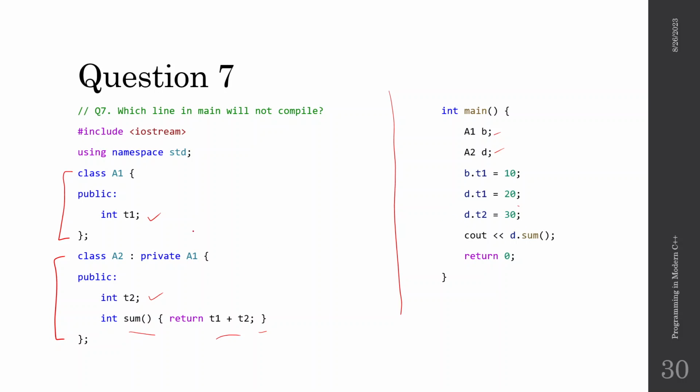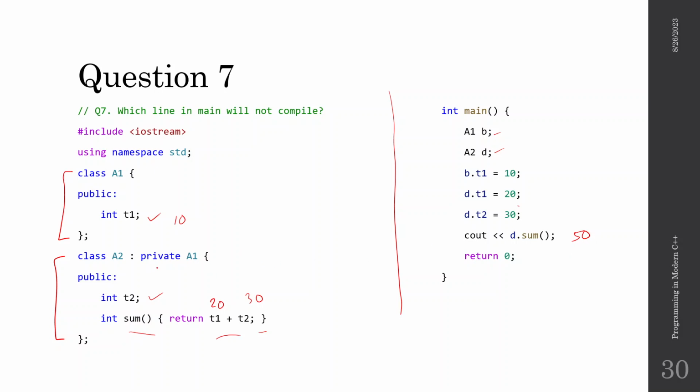In case of B this will be set as 10, in case of D this will be set as 20 and 30. So the output should be 50 here, but actually this will not happen. There is a problem.